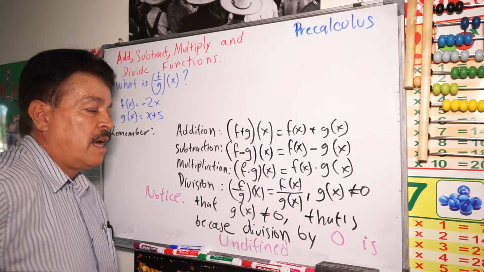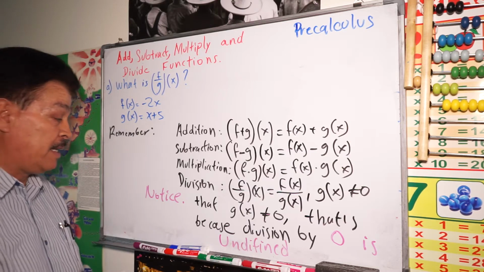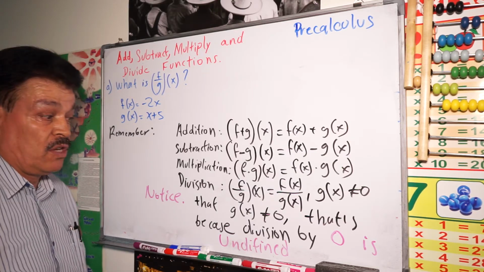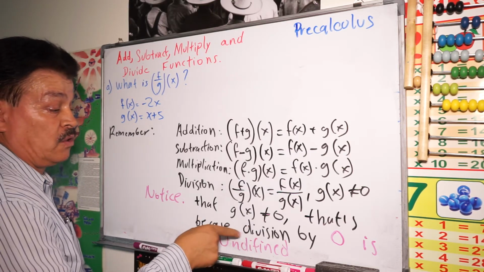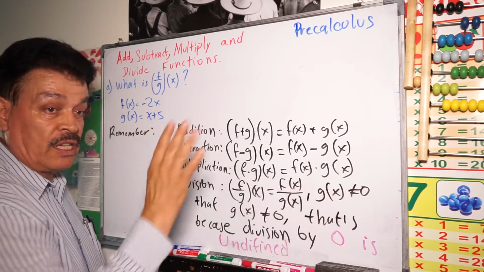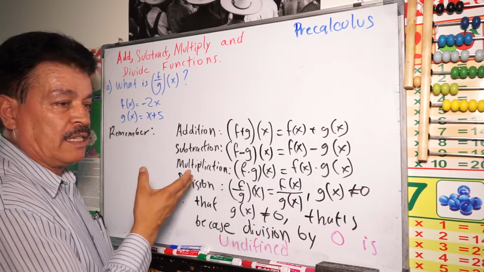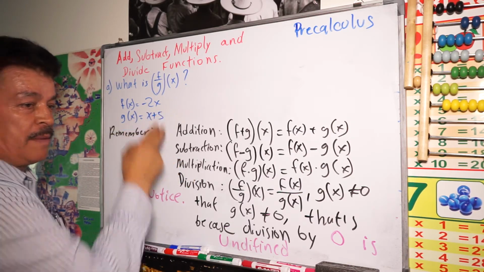That's why we have to check the numbers when you divide: the divisor must be different from 0. If you get 0, the division is undefined. So I'm going to show you the process and the practice with this problem.